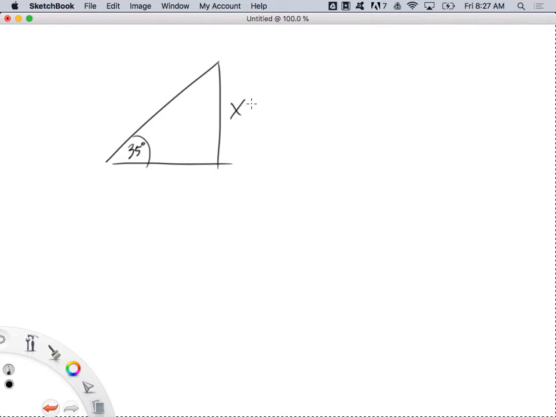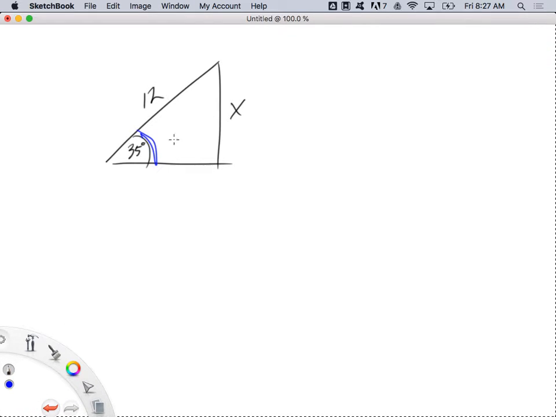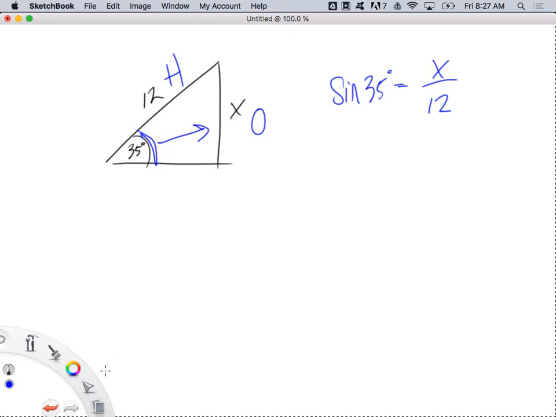Okay, now trigonometric ratios. You guys need to remember this stuff. Say this is 35 degrees, this is x, and this is 12. How would I solve for x? You identify the angle, then you identify the sides, opposite and hypotenuse. So it's sine. The sine of 35 degrees equals opposite, which is x, over hypotenuse, which is 12, right?